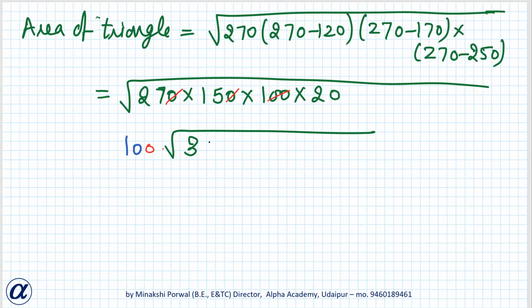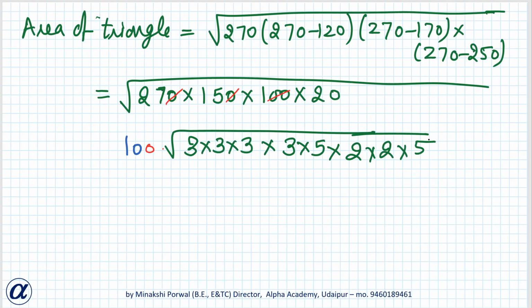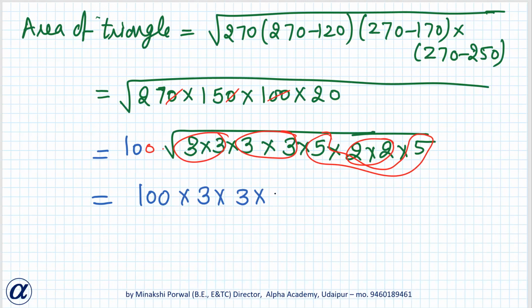Prime factorization of 27 is 3 into 3 into 3. Prime factorization of 15 is 3 into 5. And prime factorization of 20 is 2 into 2 into 5. Making pairs, all are in pairs, so everything can be taken outside the root sign. 100 into 3 into 3 into 5 into 2, that is 9,000 centimeter square. This is the answer.